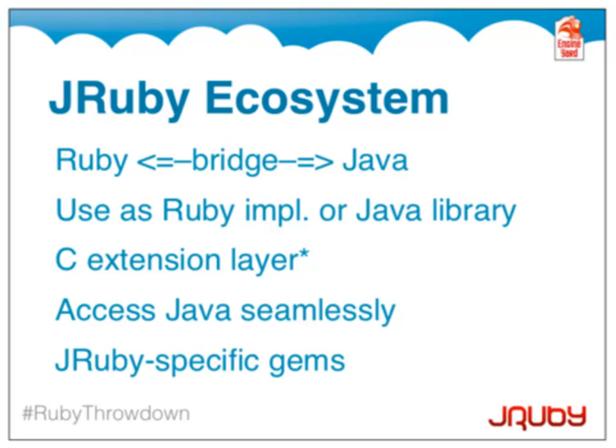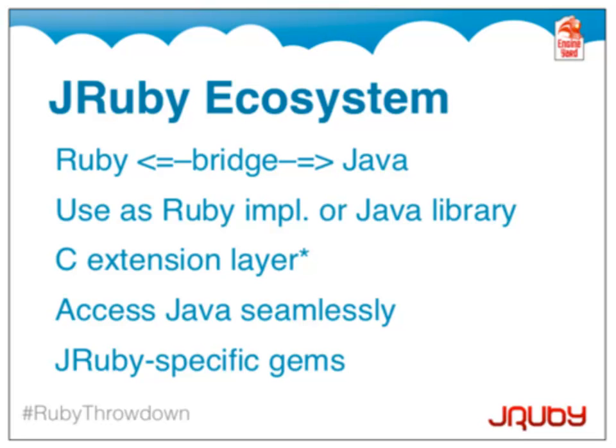Of course, the JVM has its own idea of memory management, and to allow arbitrary C extensions to come in and co-opt the JVM process is possibly a little dangerous, so we don't suggest trying it. But as I said, you can access Java seamlessly, and from Ruby you don't actually have to write any Java code to do that.